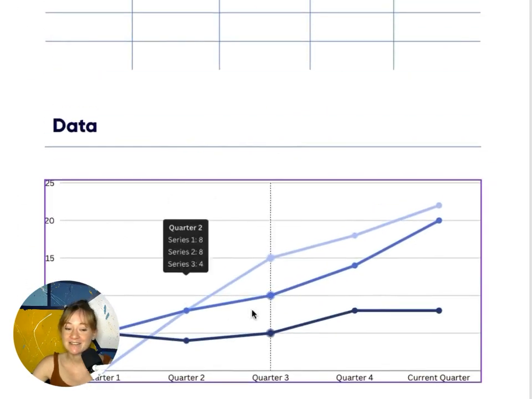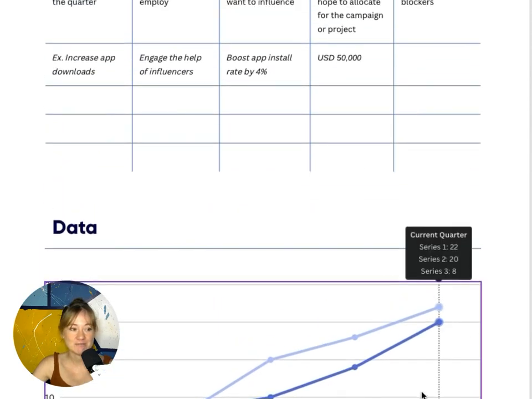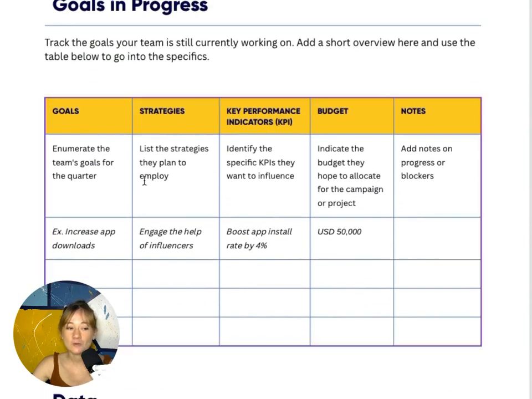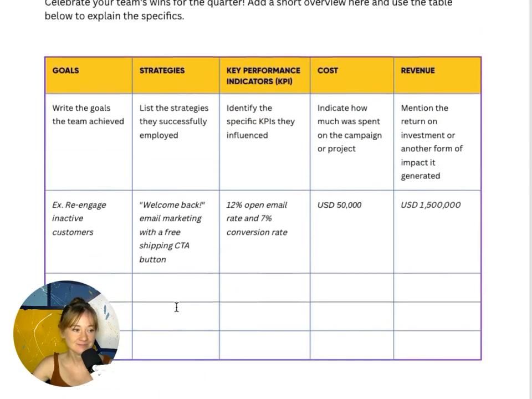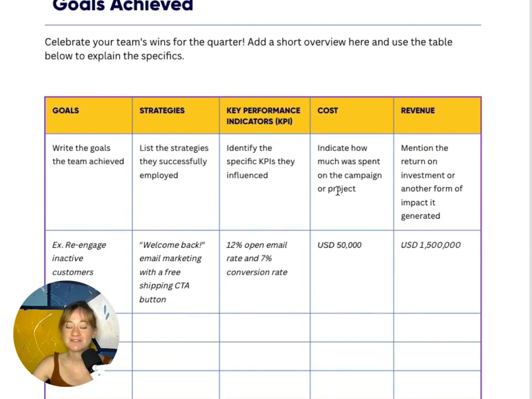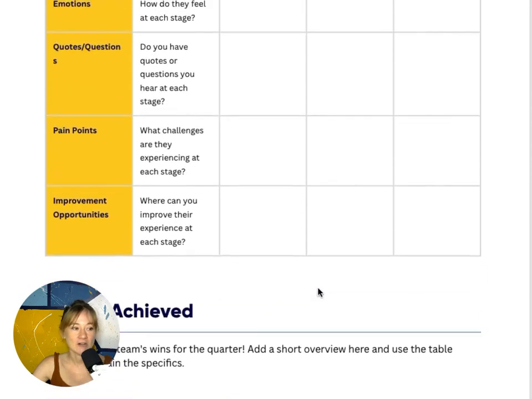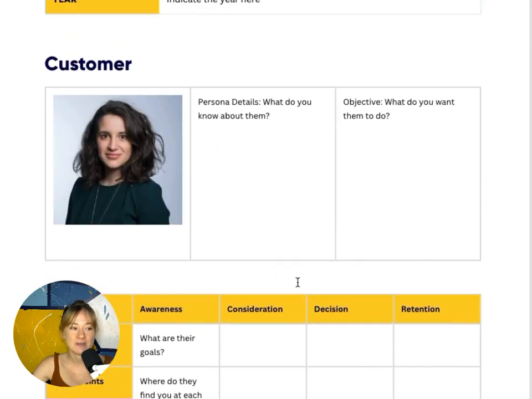This is the data that you're tracking annually, so you keep that the same. Goals in progress. These are the goals you are currently working on. And goals achieved. These are the ones that you worked on the previous quarter that you have already met. So you're tracking all of this, and it all starts with the customer, your target market.